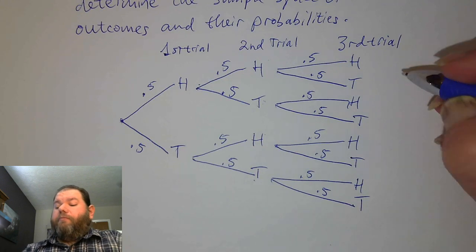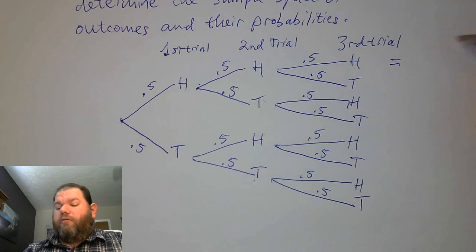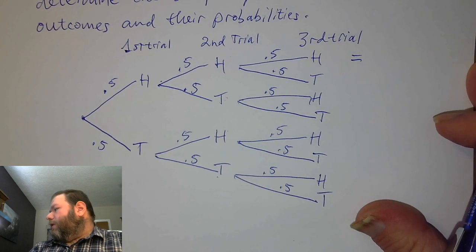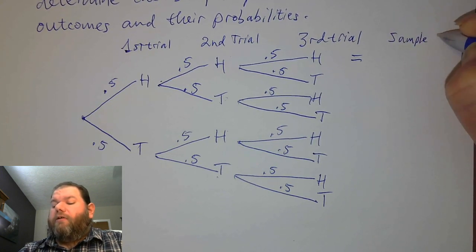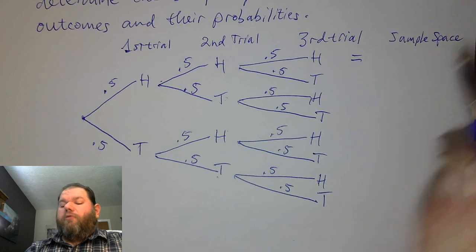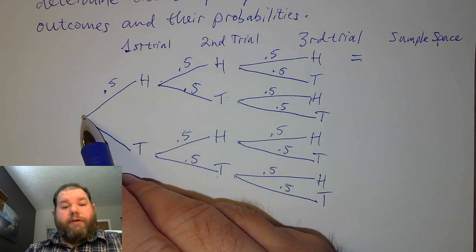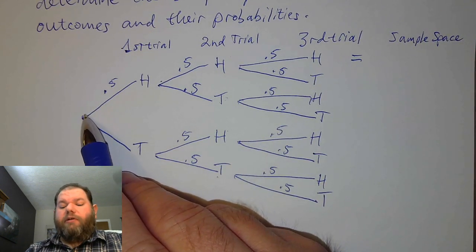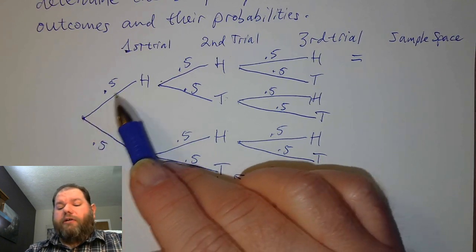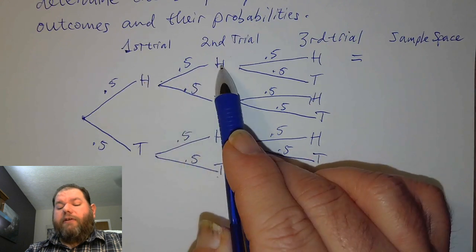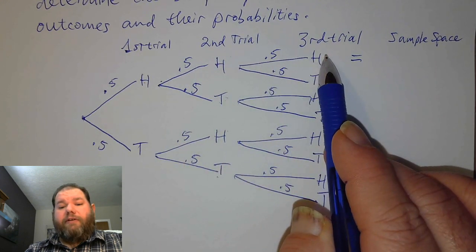Now, let's make another column over here. This is our sample space at the end. What we do is follow the different branches down. If we go the top branch each way, it lands on heads again, and lands on heads a third time.